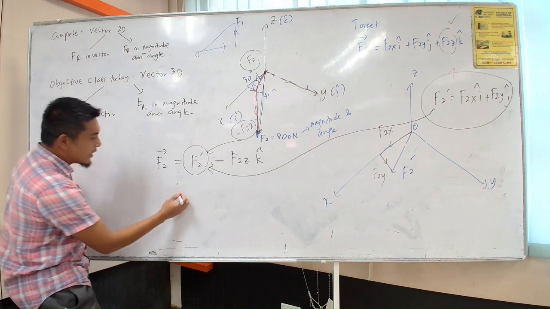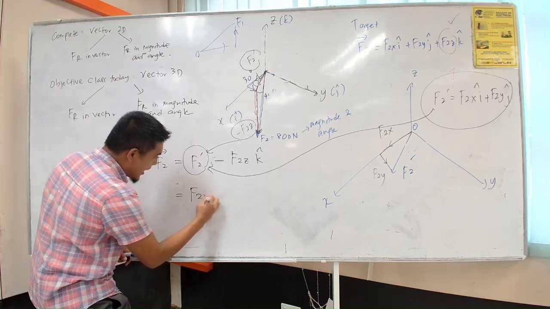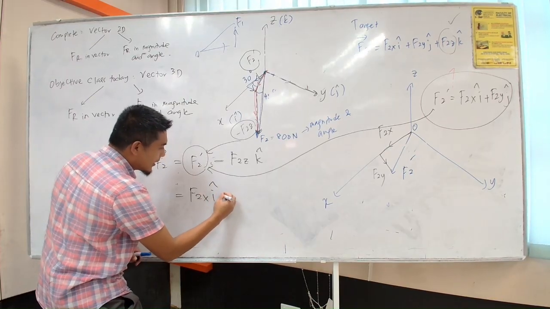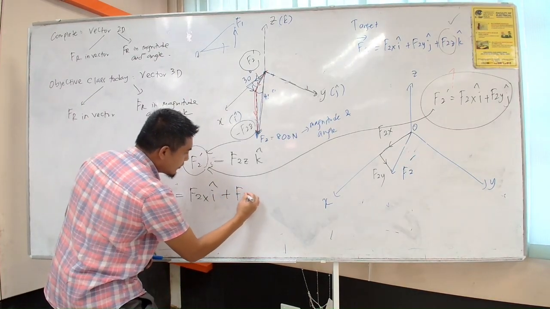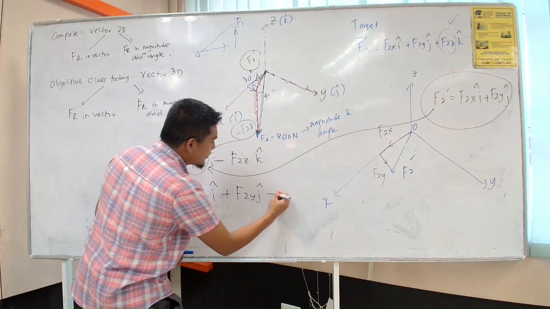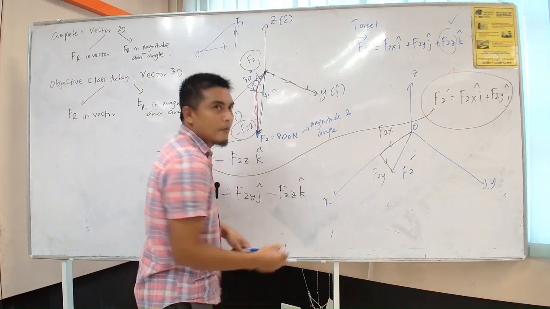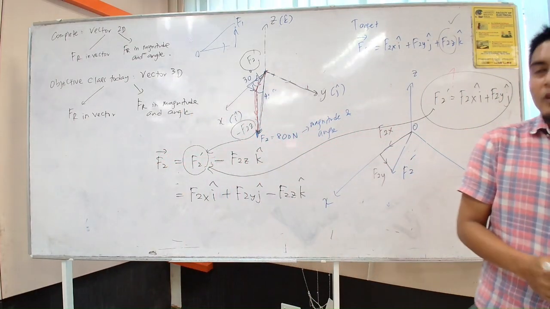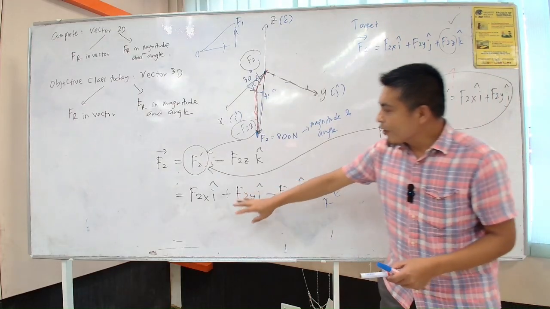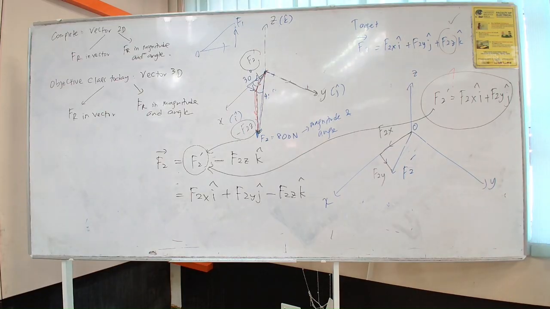Okay, finally we get F2 actually equal to F2X in I direction and then plus F2Y in J direction and then minus F2Z in K direction. So now we already find the vector of the F2 in I, J and K direction.